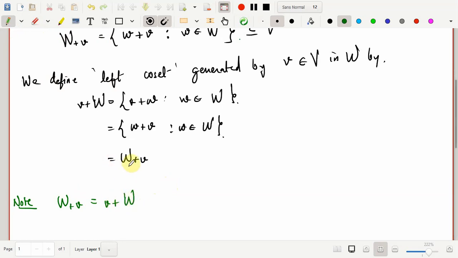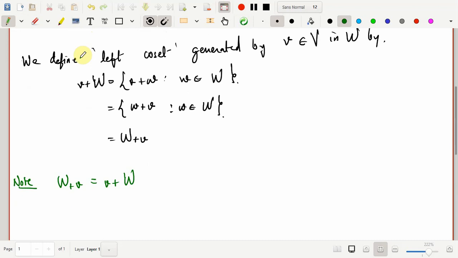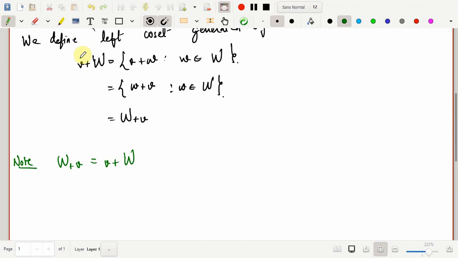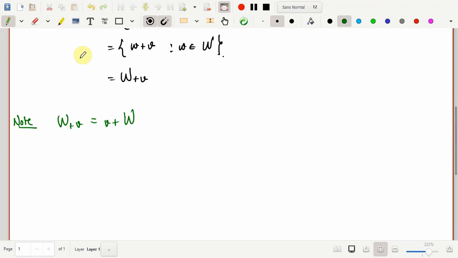Also observe the way I'm writing the coset. It is the subspace, and plus should come in the suffix of this w, slightly to the lower end, followed by the fixed element. So I might be using either the right coset or the left coset while discussing the properties of cosets.